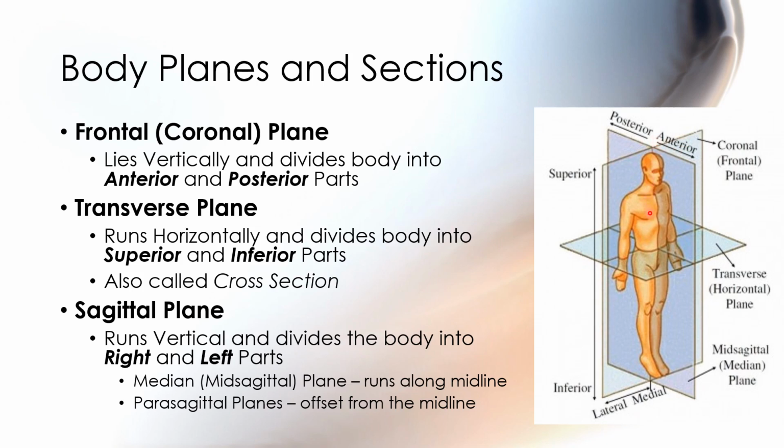Remember we talked about drawing a line through the body right through the middle. Or you can have a parasagittal plane. Remember that root word para, next to? So it's right off of midline. So it's offset a little bit from midline. So mid-sagittal or parasagittal planes. They're both considered sagittal planes.